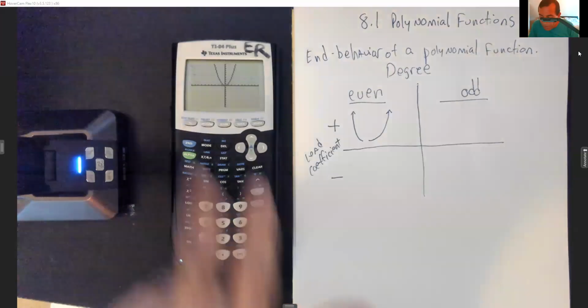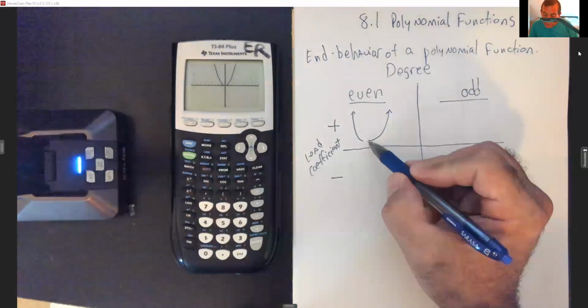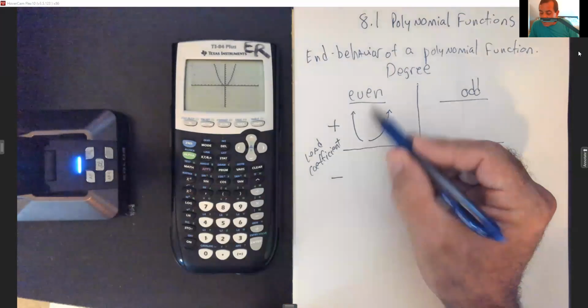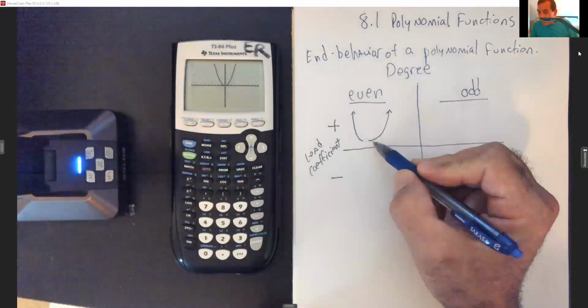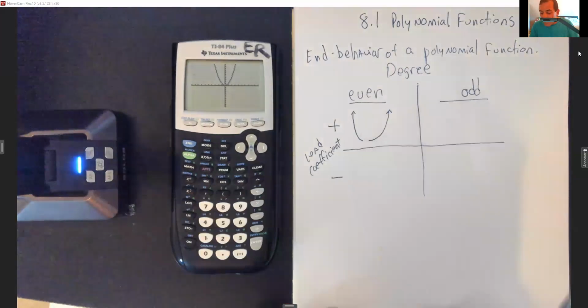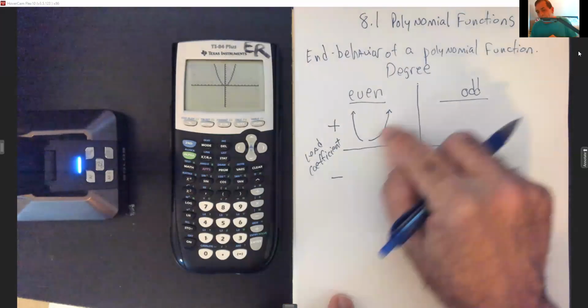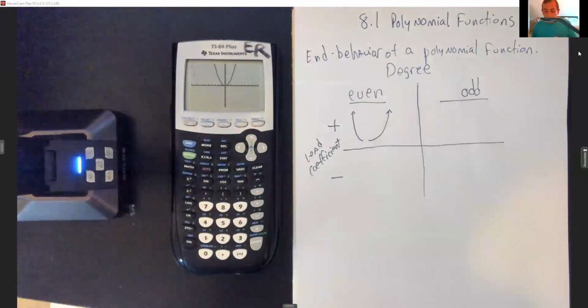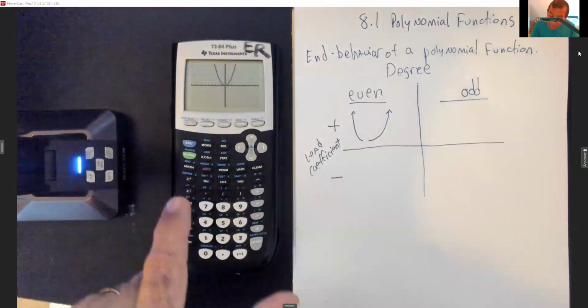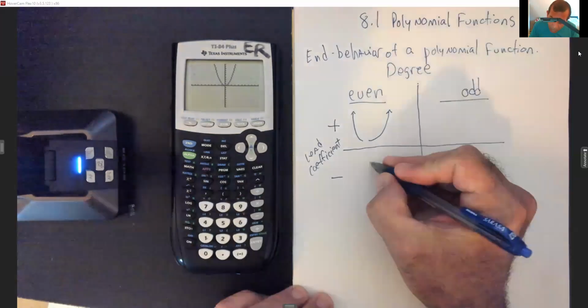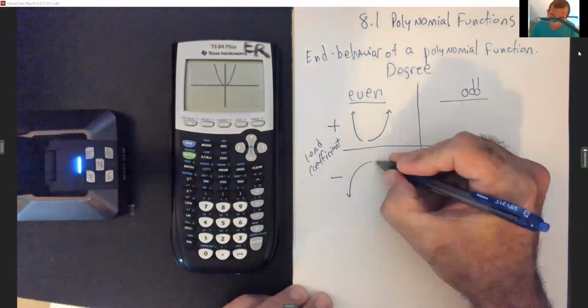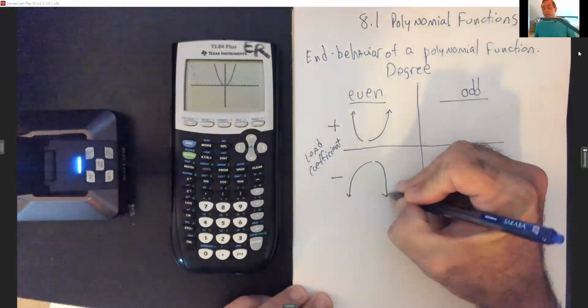Now, we leave a little space here because depending on the degree, there's going to be a lot of turns in here, okay? But in the big picture, both these graphs, if they're even, go uphill. And then remember, when I made that negative, it flipped it over so that both sides were going downhill.